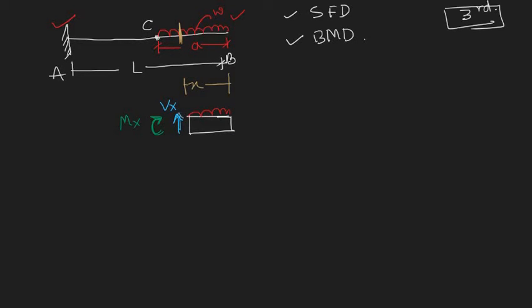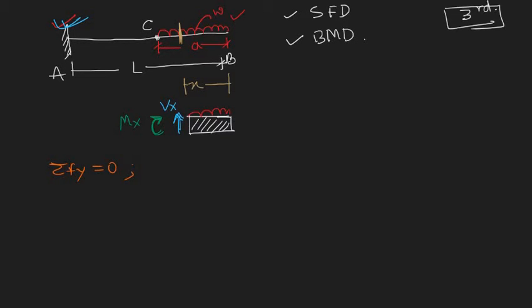Now the whole system is in equilibrium, so of course this part of the beam is also in equilibrium, no doubt. That means there is no resultant force acting in the vertical direction, so the summation of Fy is going to be 0.